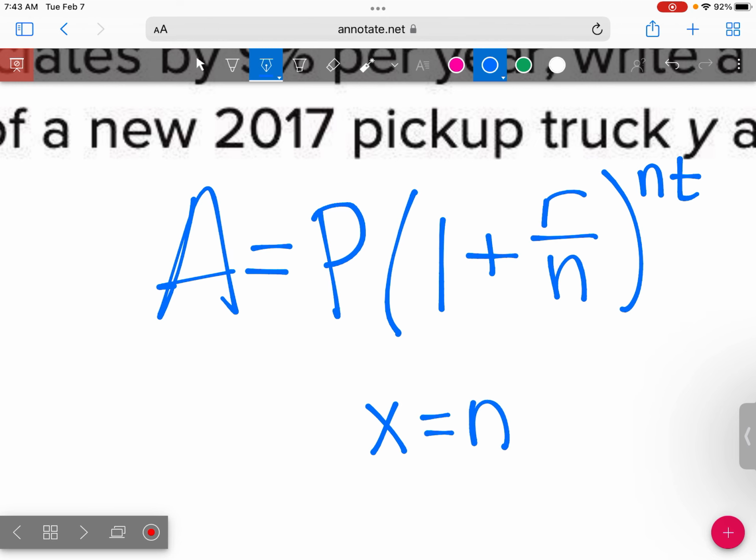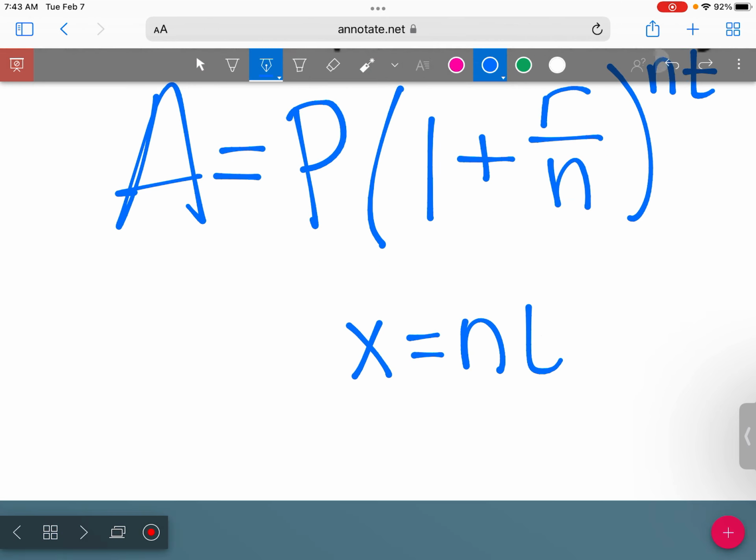Sorry, let me rephrase that. X is equal to N times T. What is our N equal to in this equation? It says it depreciates 9% per year. So N is equal to what? Not 12, per year. And we look at compounded annually.